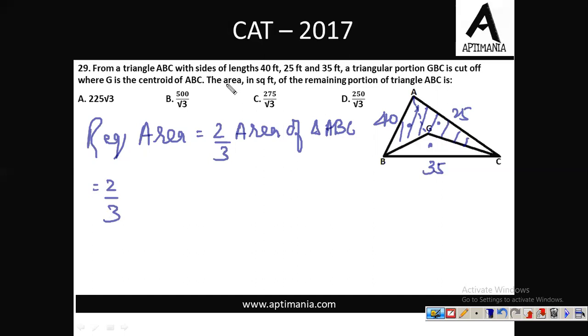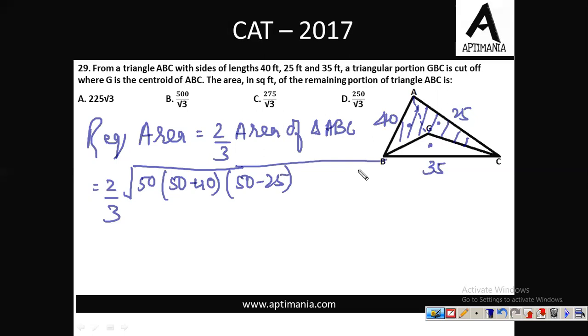So in this case we'll first calculate S, the semi-perimeter, that is 40 plus 25, 65, plus 35, 100, by 2, that is 50. The formula will be root of S, S minus A, S minus B, and S minus C, right?